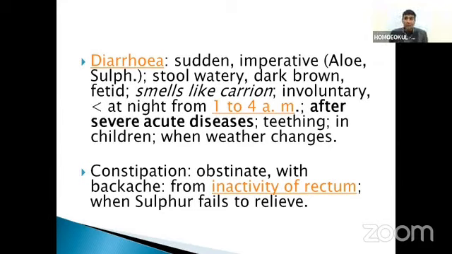Now open Lycopodium relationship part, or I think aggravation. Just see the last line. Aggravation 4 to 8 p.m. Got it? Within bracket. Is it clear?